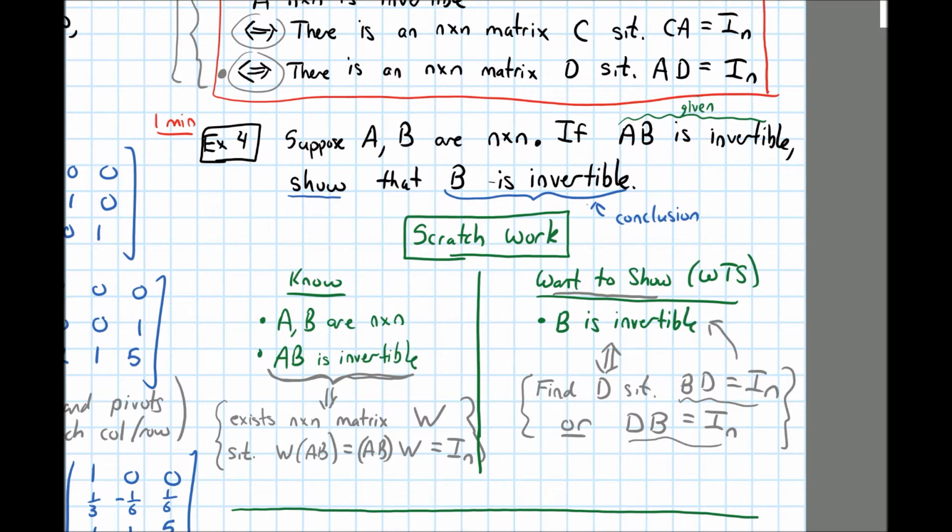So now let's see if we can connect something in the know column with the want to show column. Specifically, I'm going to connect this statement right here with this statement over here.